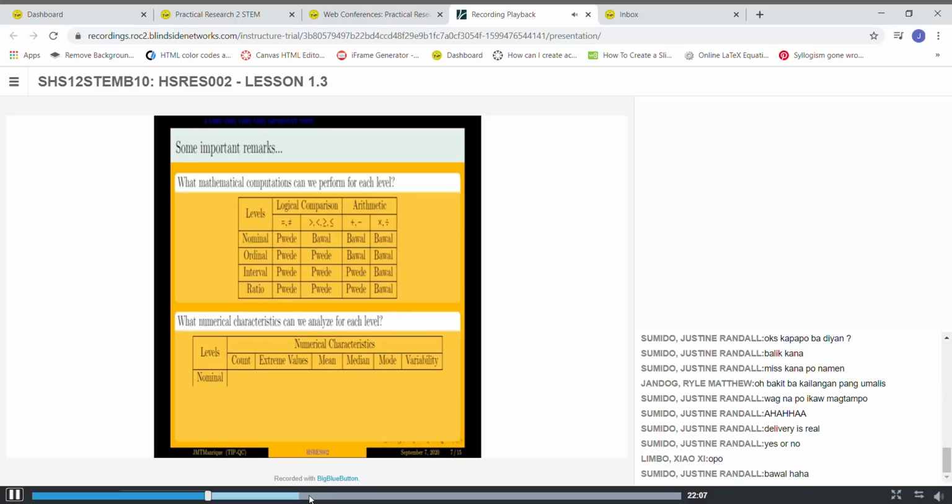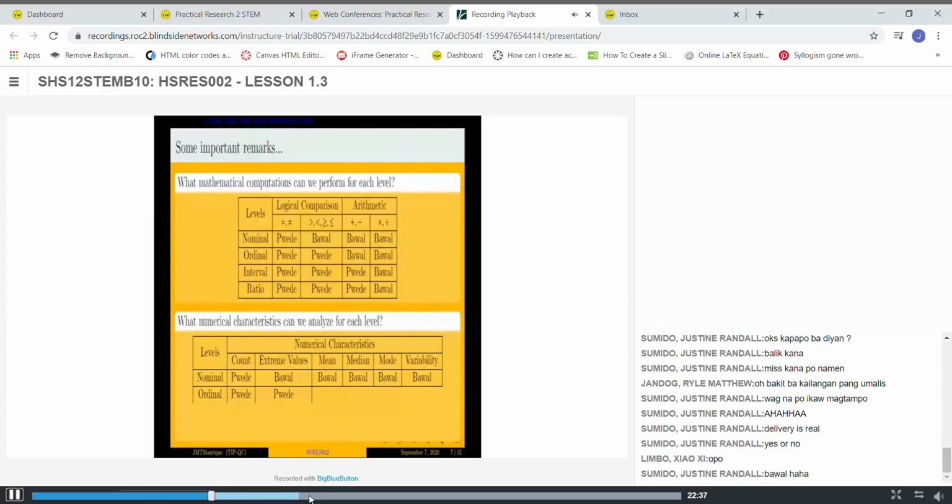For nominal, the only numerical characteristic that we can analyze here is yung count. Yung bilang ng sumagot ng yes or no. Yung bilang ng lalaki at babae. For the rest, hindi na pwede. For ordinal data, pwede tayong mag-count. Pwedeng yung extreme values. Remember, may order na tayo dito. Yung value natin can be arranged categorically.